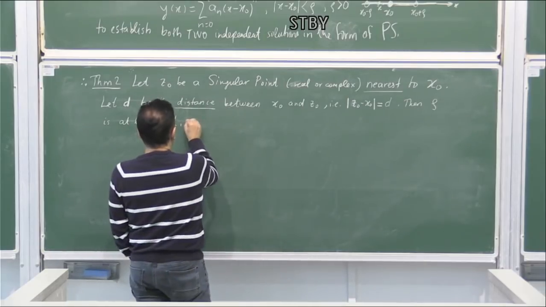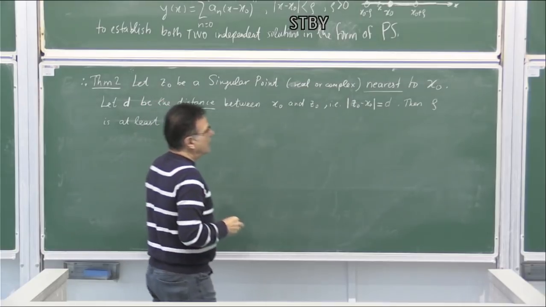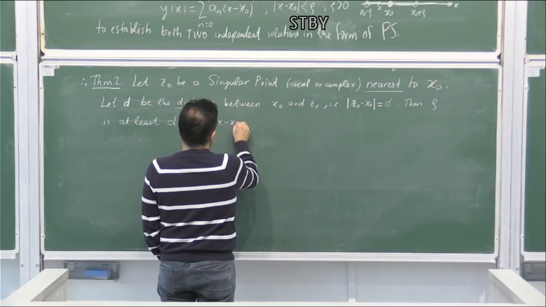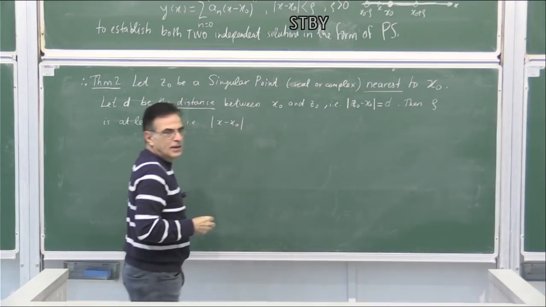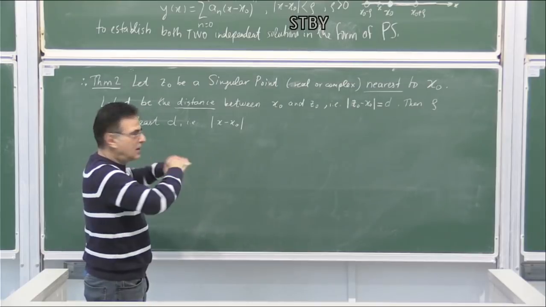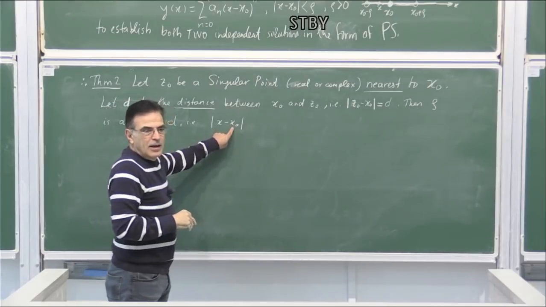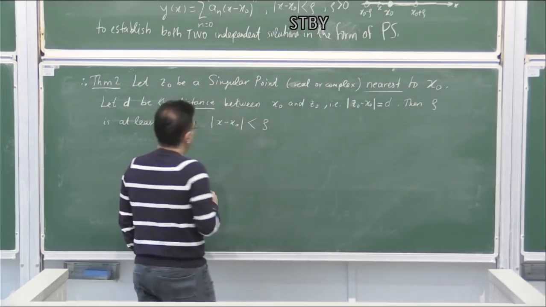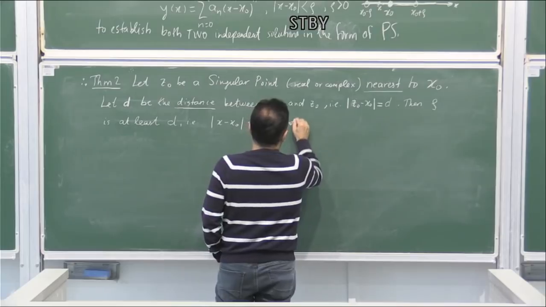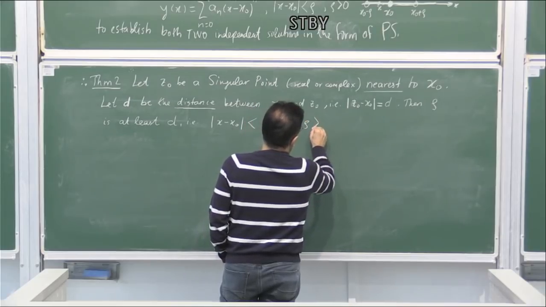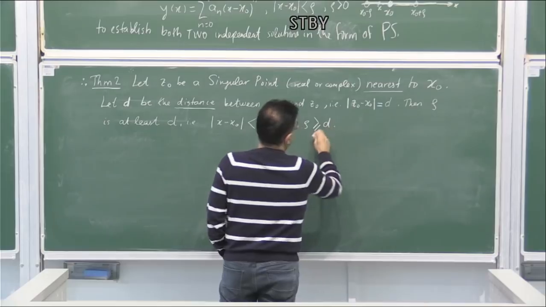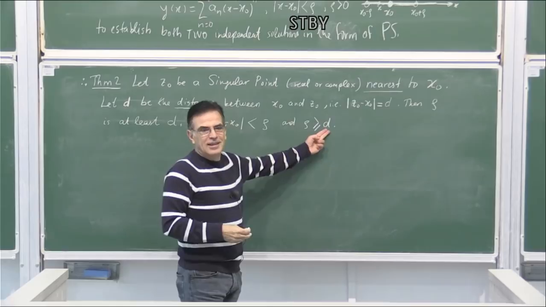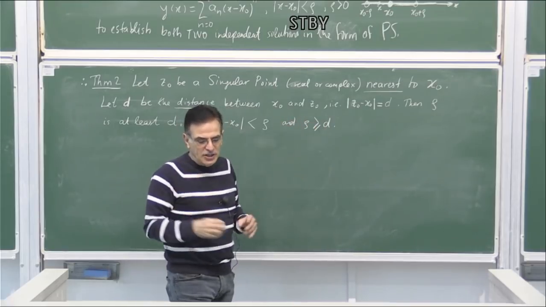Which means that when you consider the x interval centered at x0, we have this, and rho is at least d. Okay? In general, it is d, but sometimes rho may be larger than d.